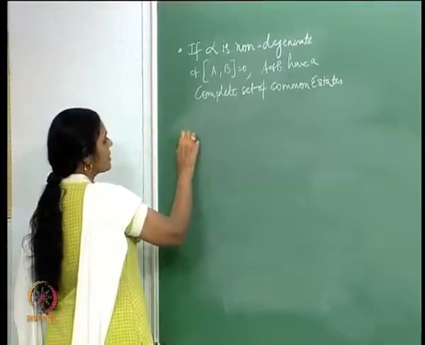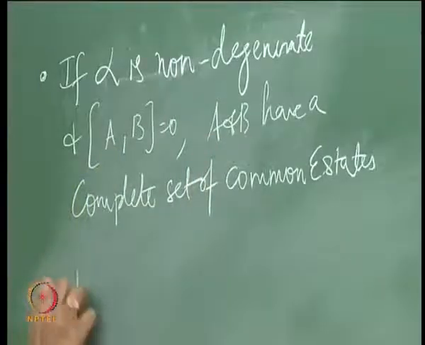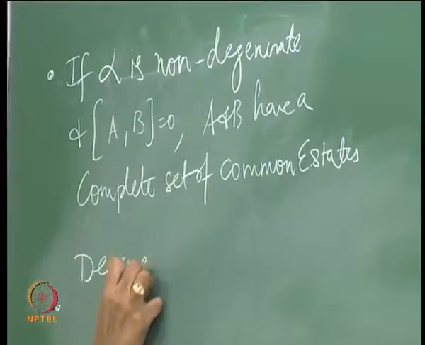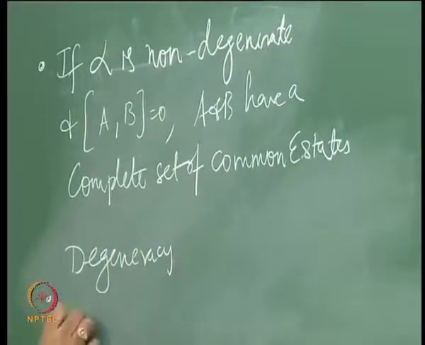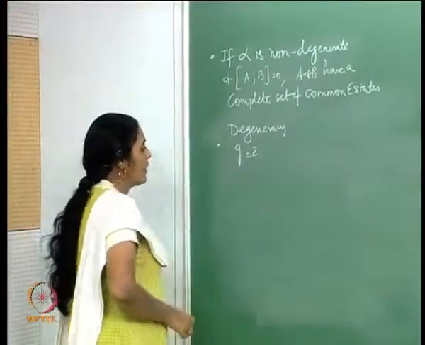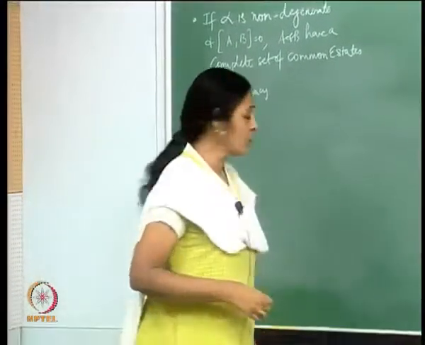So now we are looking at the second case of degeneracy, and there we look at the simple example G equal to 2.